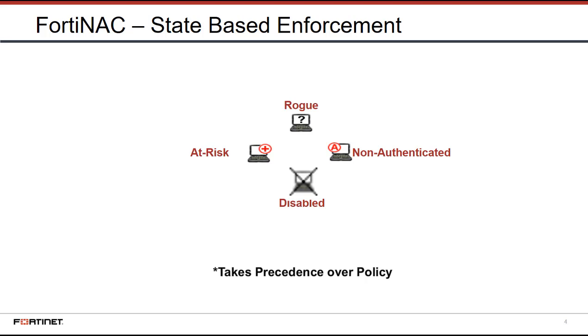Now, it's important to keep in mind as we talk about state-based that state-based provisioning takes precedence over policy-based. We will discuss policies in the next section, but state-based must be resolved before any policies would be applied.